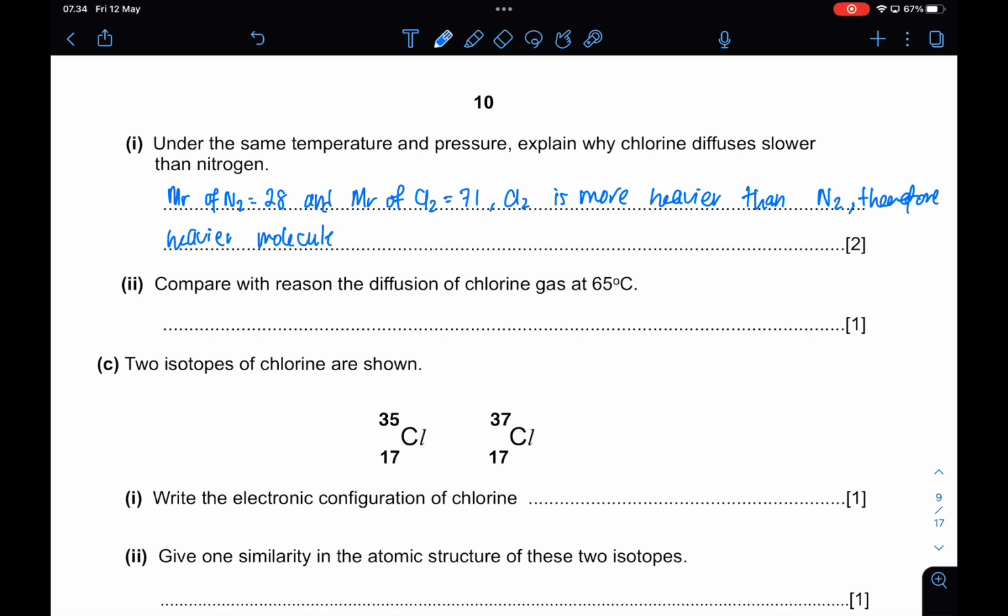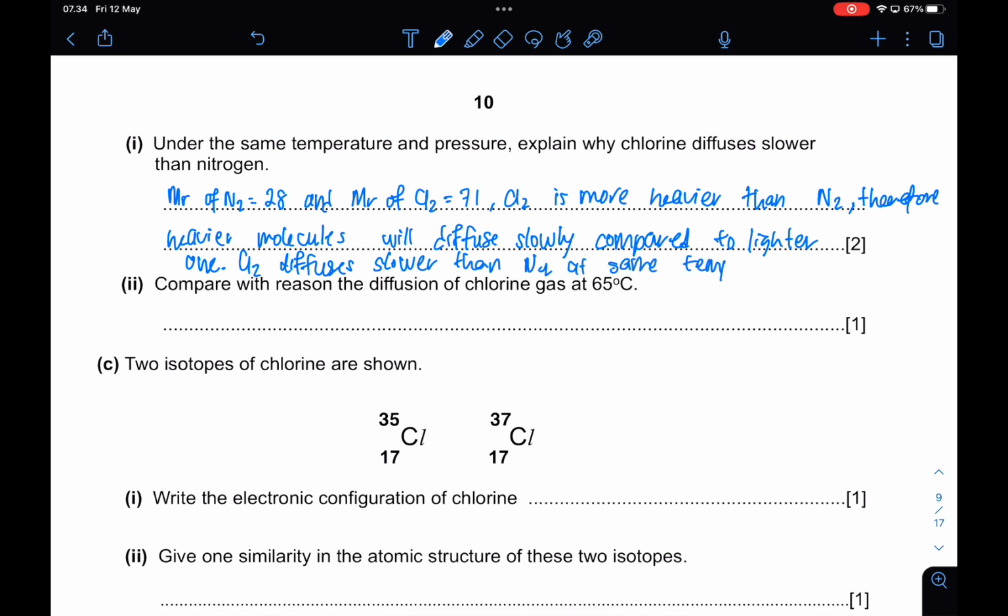Therefore, heavier molecules will diffuse slowly compared to lighter ones. Cl2 diffuses slower than N2 at the same temperature and pressure.